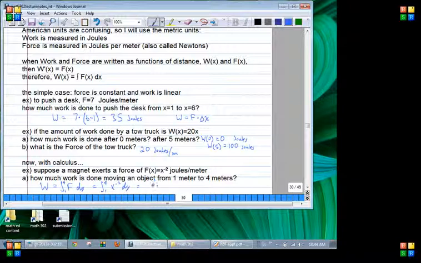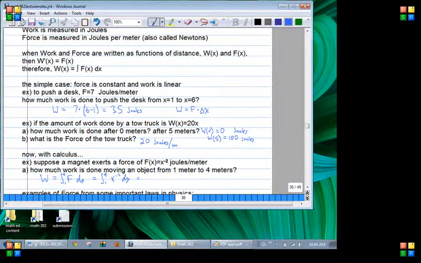So now, need some more room. What does this give me? X to the negative 1 over negative 1. I can just simplify that by putting a negative in front. Okay. And this goes from 1 to 4. So plug in, you get negative 4 to the negative 1 minus negative 1 to the negative 1.